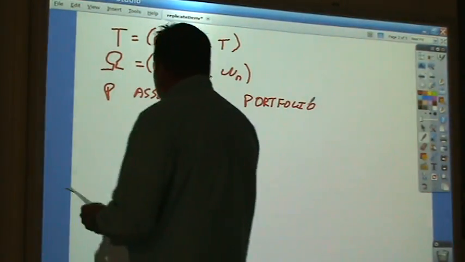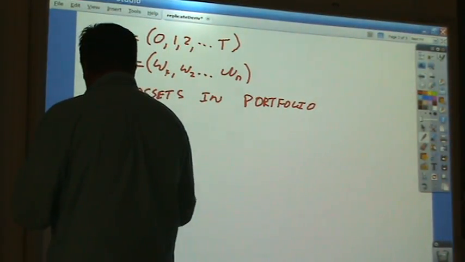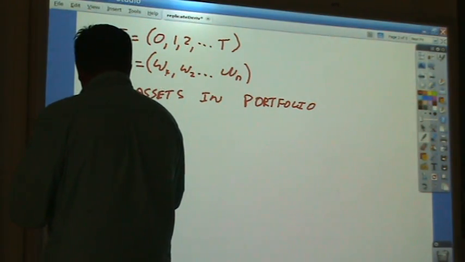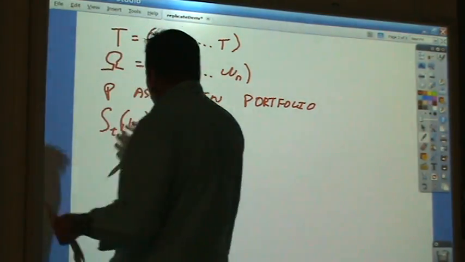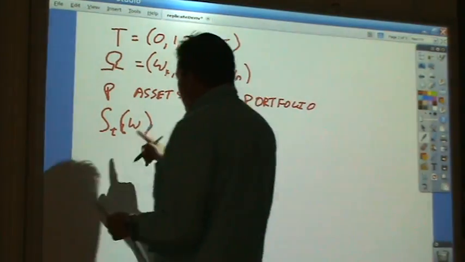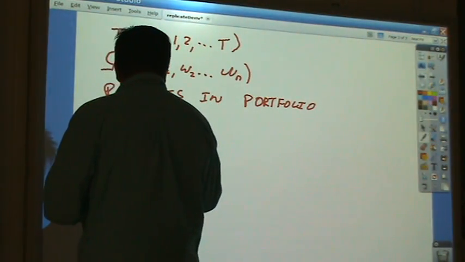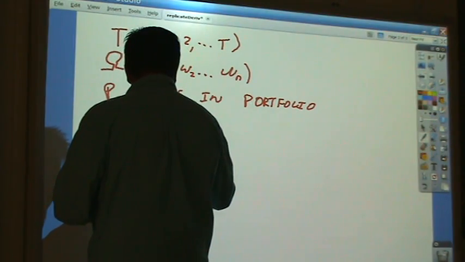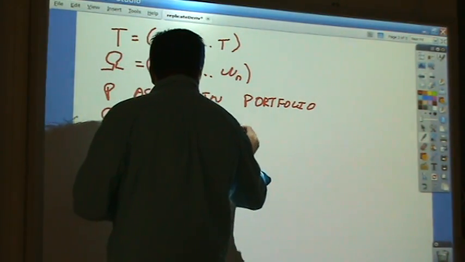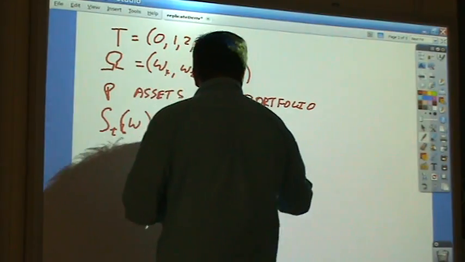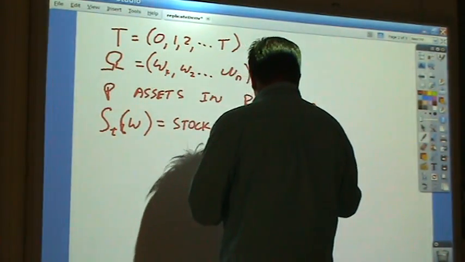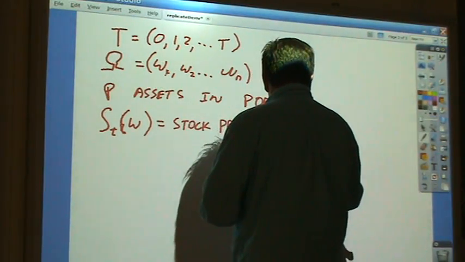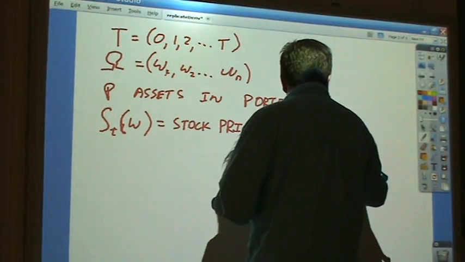And the stock price at time t, under a certain market condition omega, let's say the market does well or the market does bad, this S of t is equal to the stock price at time t.